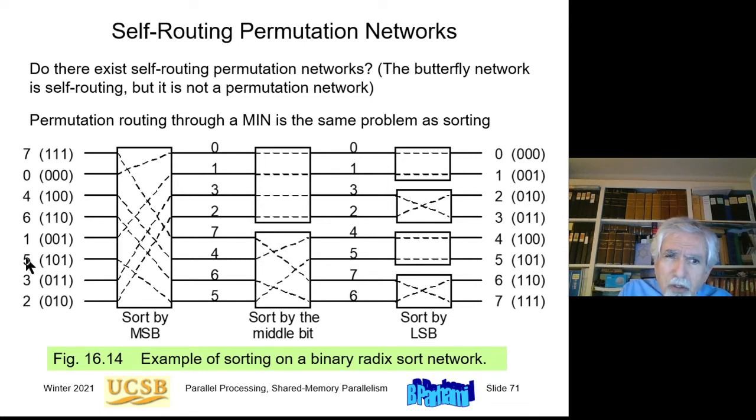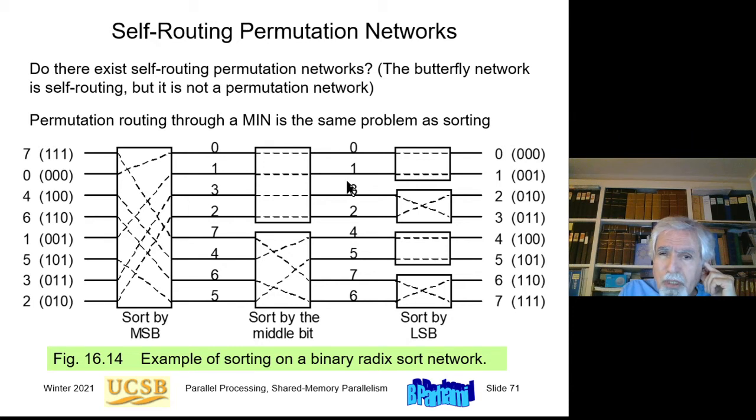Okay, so 0, 1, 2, 3 are the 4 smallest, they go to the top. 4, 5, 6, 7 are the largest, they go to the bottom. So this is a classifier network that classifies the inputs into 2 categories, the small ones and the large ones. And then I use 4 input classifiers in the next stage. 0 and 1 end up at the top, 2 and 3 at the bottom, and so on. And then 2 input classifiers.